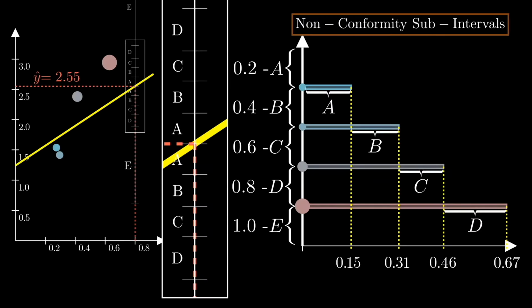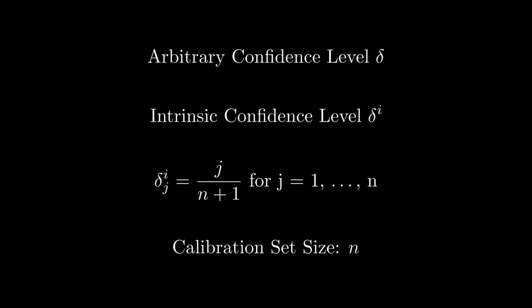Assuming that no point has a duplicate non-conformity score, each calibration point corresponds to one intrinsic confidence level, and we have a relation between the intrinsic confidence levels and the number of the calibration points N, where the subscript J is a counter iterating over the points inside the calibration dataset.